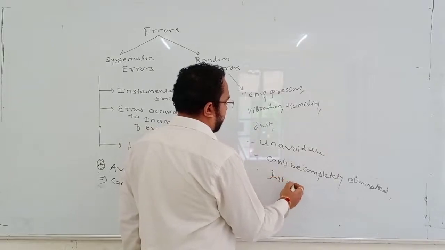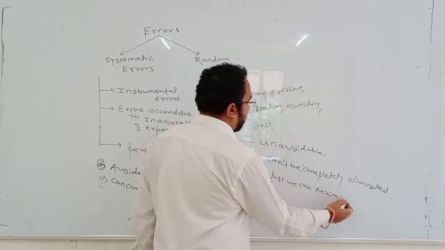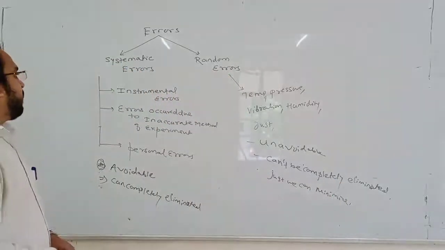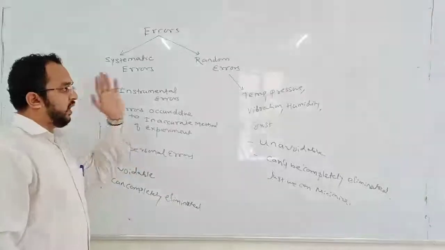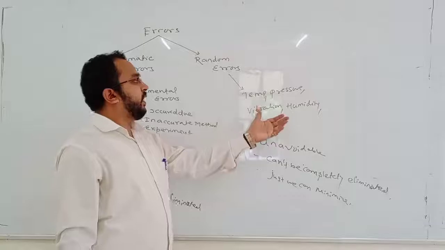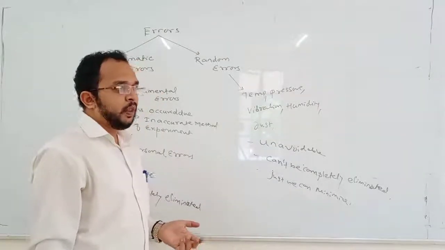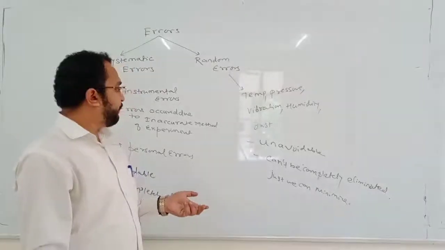Just we can minimize the errors. So आता आपण बघूया one by one. So these are the random errors caused due to various atmospheric conditions or sudden change in atmospheric conditions. ठीक है.